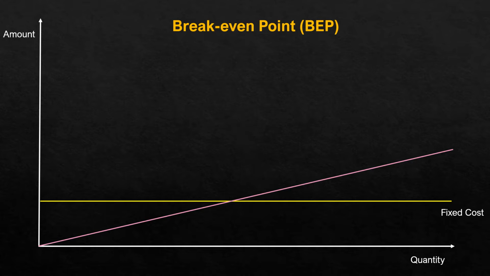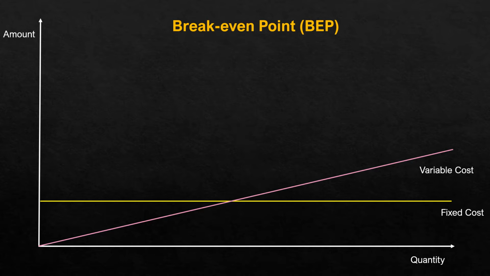Then we talk about the next level of cost, which is called variable cost. Now variable cost is that cost which moves in tandem with the amount of sales that we are able to achieve. But it does not mean that the slope of the graph is going to be the same. Variable cost obviously would be much lower than our selling price.